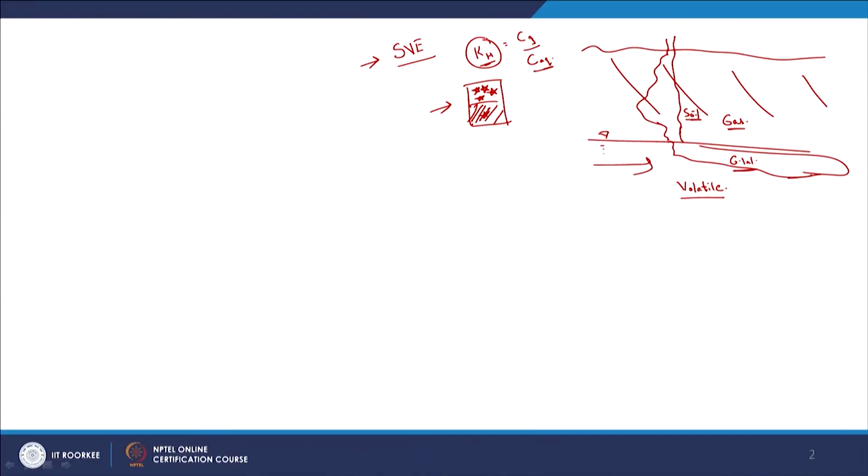Henry's constant can also be expressed in terms of the partial pressure of the contaminant in the gaseous phase to the concentration of the contaminant in the water or aqueous phase, right. There are different ways to express the relationship or equilibrium here, so that's something to keep in mind.